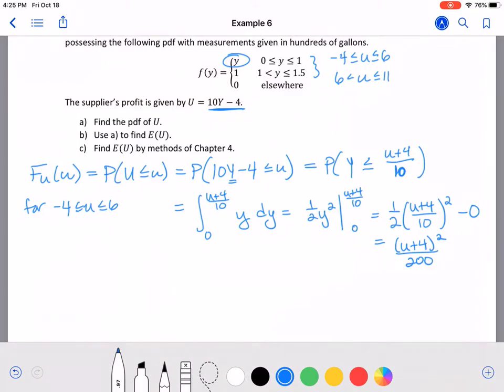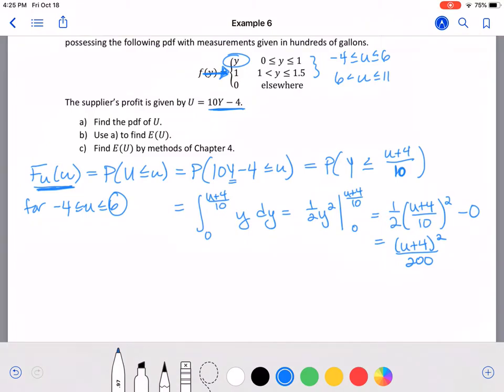Now remember, this is a CDF, so we're accumulating probability. So what happens is we keep accumulating probability up to this upper bound here of 6. And then at that point, we're switching gears and we're looking at the second chunk of this PDF and at what we would get from that. So we want to make sure that we tack on what we've already accumulated.